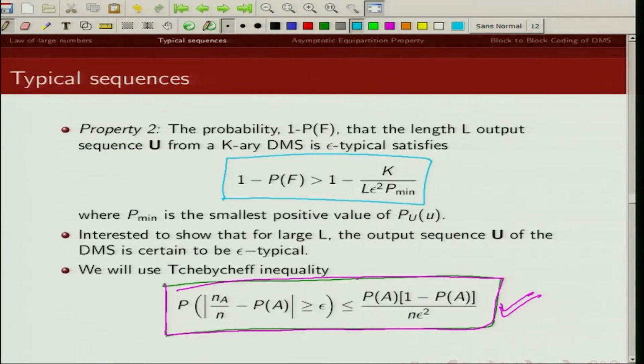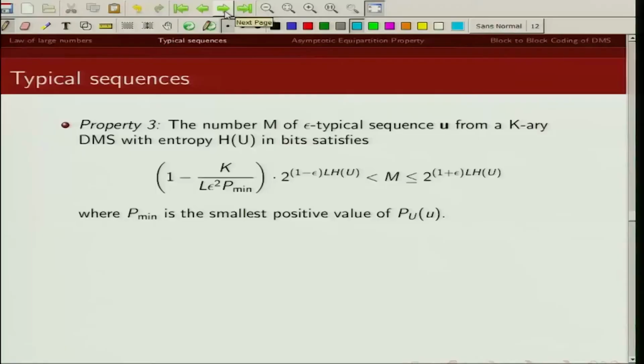If L is very large, the probability of failure PF becomes small, so 1 minus PF is almost equal to 1. So there is no probability of failure, and most of the sequences that come out of the source are going to be typical sequences. Now let us prove the third property of typical sequences, which is related to how many such typical sequences exist.